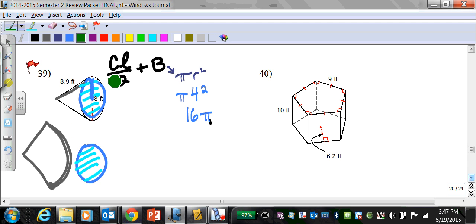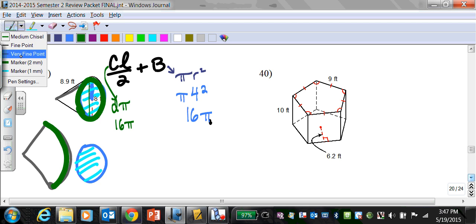Now for the other one, it's circumference times slant height over 2. Our circumference is that edge right there, which is the same as this edge. We're going to write our equation for circumference, which is d pi. Physically trace your diameter, that's 16 pi. Times our slant height, which is that edge right there down the slant.